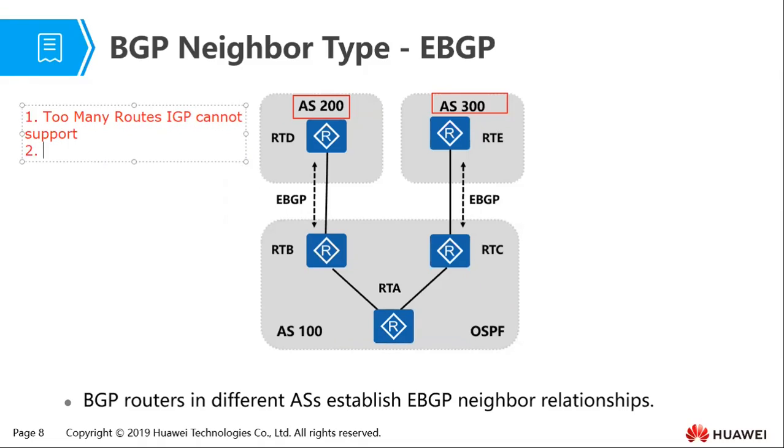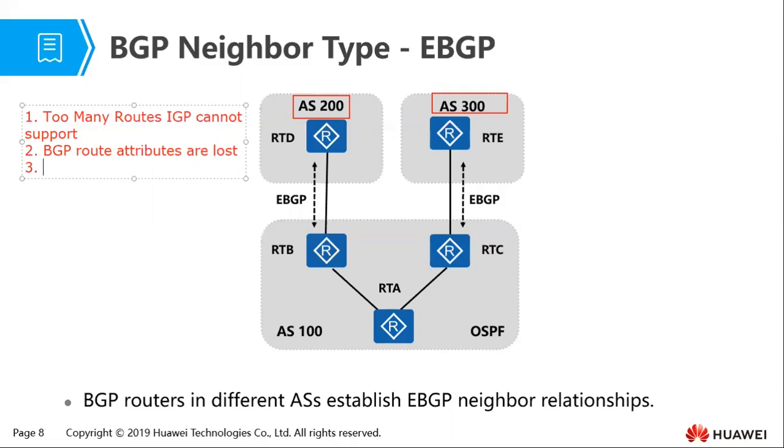Number two, BGP route attributes are lost when you import BGP routes into the IGP. We are going to see why attributes are important, but for now, just know that if we import BGP routes into the IGP, then the attributes will be lost.